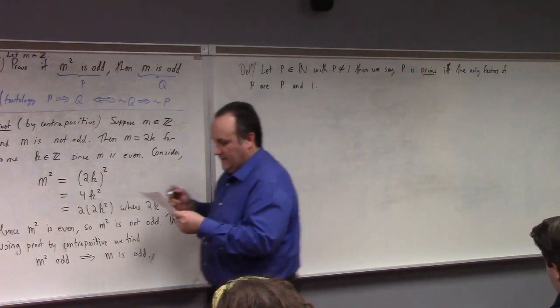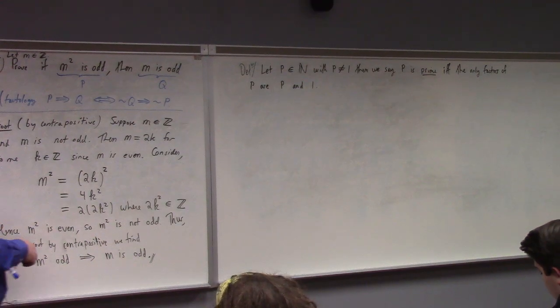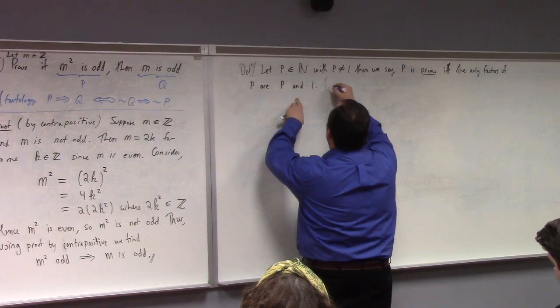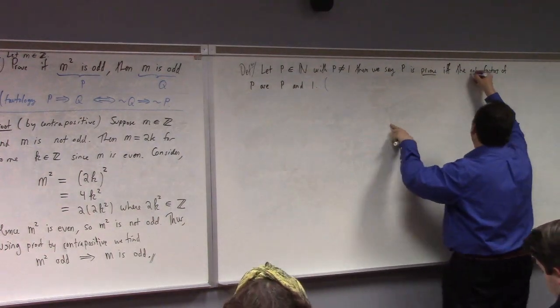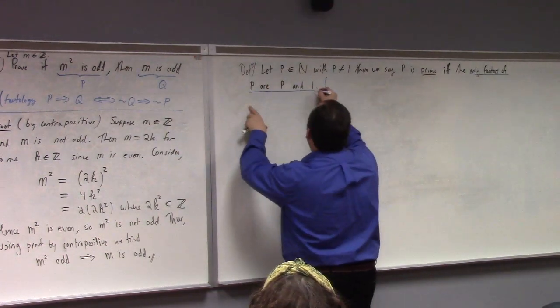I don't think I ever defined factor in class, though I defined it in the notes. So let me restate this in terms of divisibility. How would I restate "the only factors of P are P and 1" in terms of divisibility?